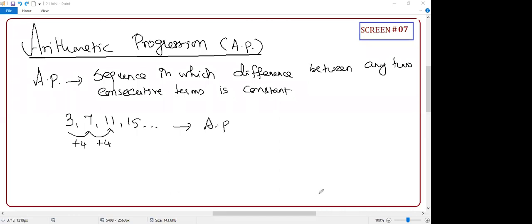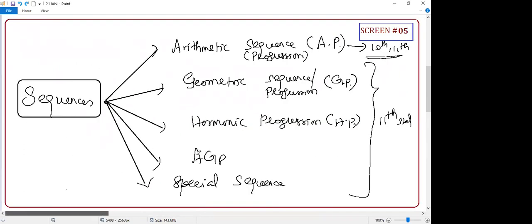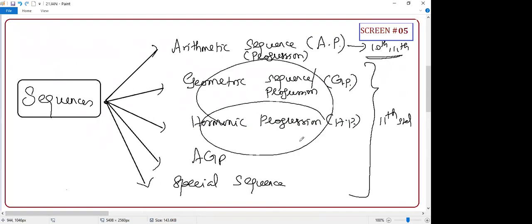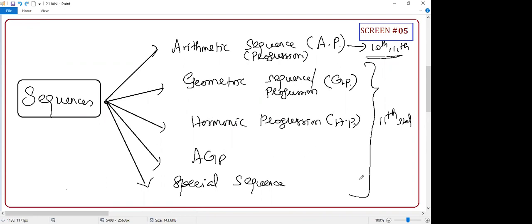Hello? Didn't get any response, but it's okay. You only asked the definition of this, correct or not? Yeah, sir. From Karnataka, sir.